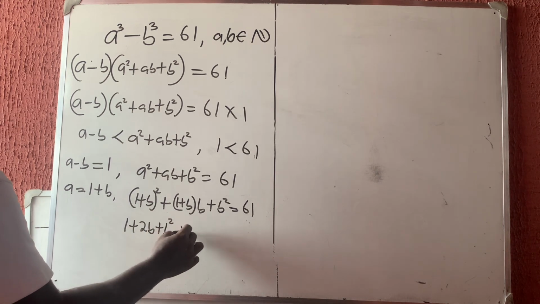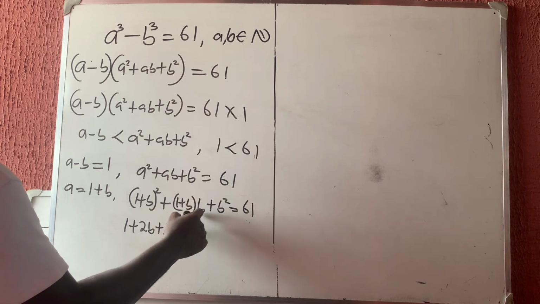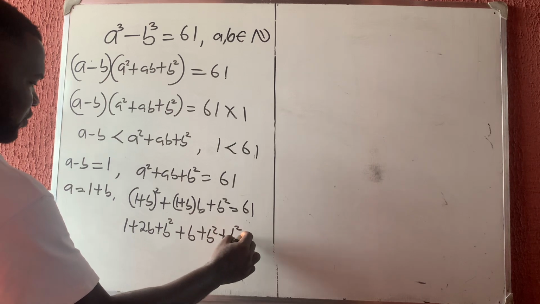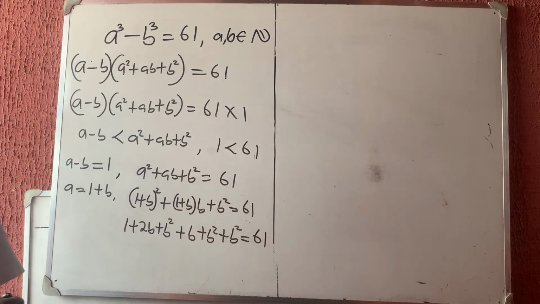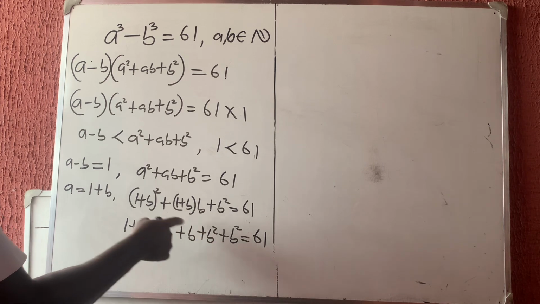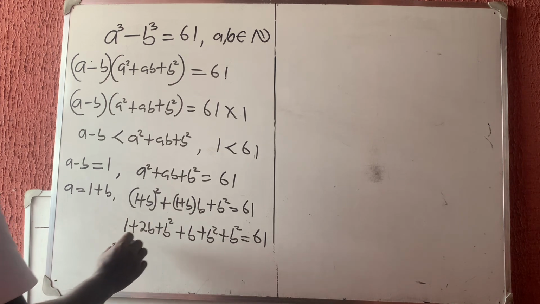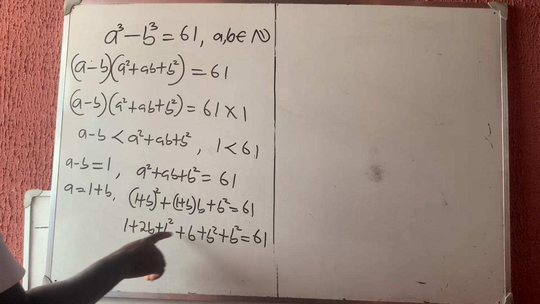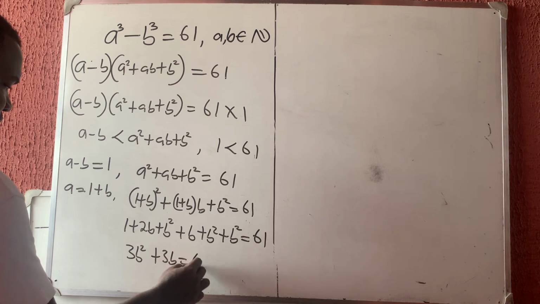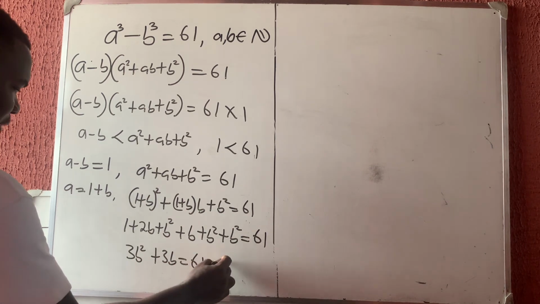Then plus b plus b squared, then plus another b squared is equal to 61. Now, b squared plus b squared plus b squared gives 3b squared, and 2b plus b gives 3b, is equal to 61. This 1 moving here gives minus 1.